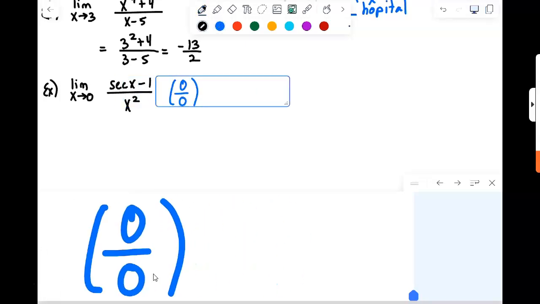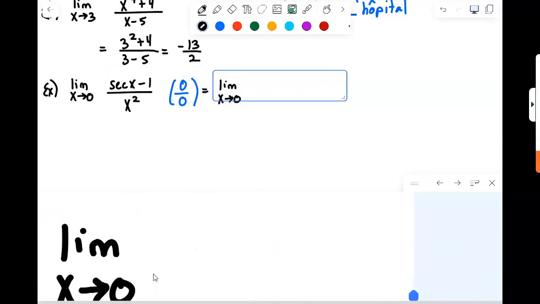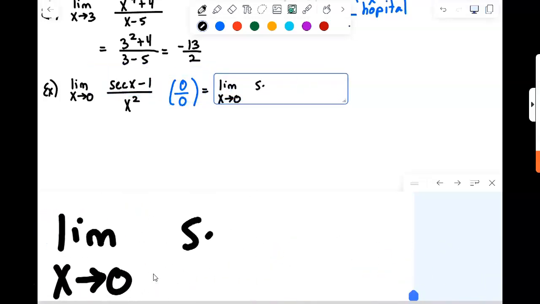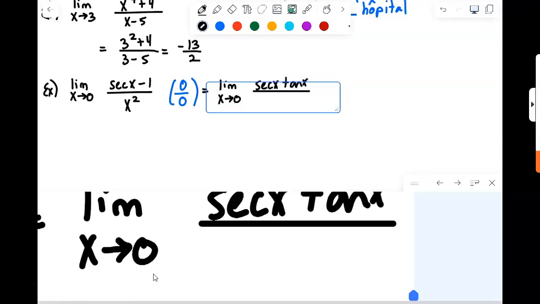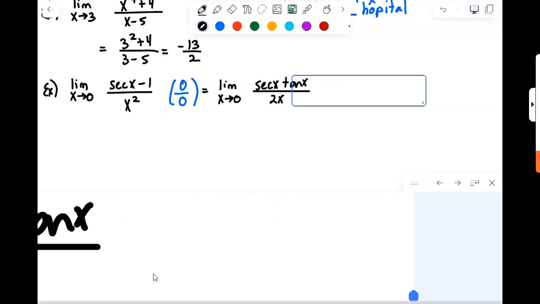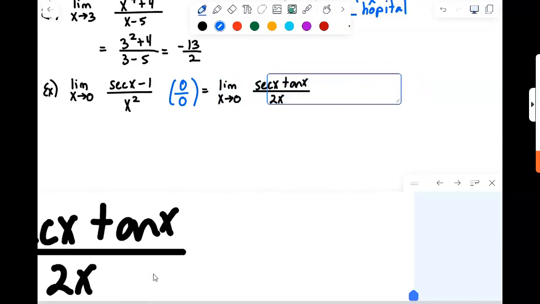So we apply L'Hopital's rule. Take the limit as x goes to 0 of the derivative at the top, which would be secant x tangent x, over the derivative of the bottom, which would now be 2x. Well, this checks out as another 0 over 0 limit, because secant will be 1, but tangent of 0 is 0.